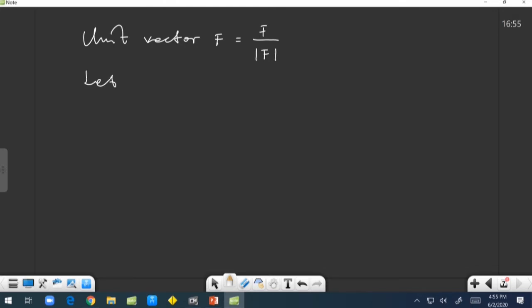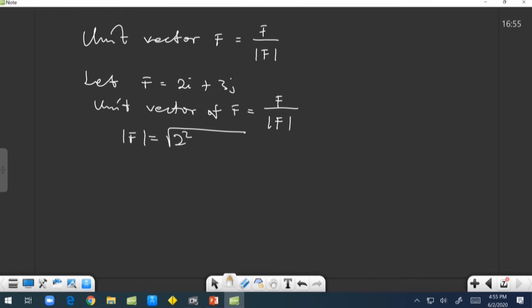So let F be given as 2i plus 3j. If F is a vector which is given as 2i plus 3j, that means the unit vector of F is equal to vector F over the modulus, or absolute value, of F. So we get the modulus of F as the square root of 2 squared plus 3 squared, which is the square root of 4 plus 9, and that is root 13.